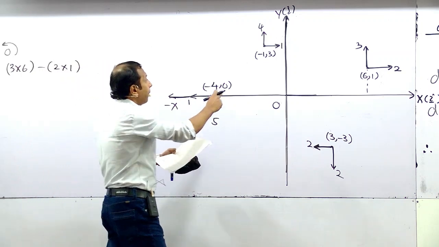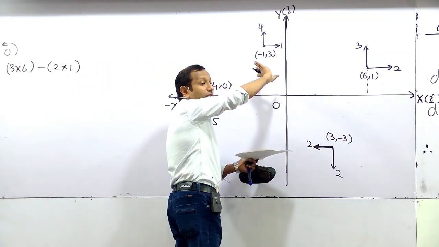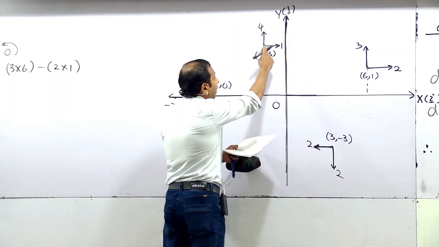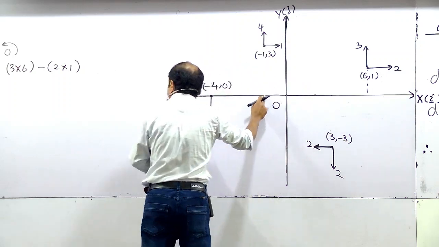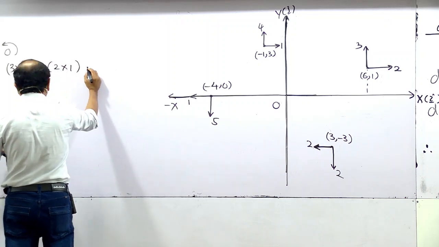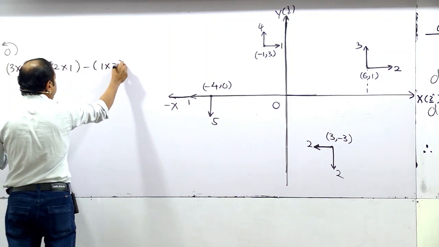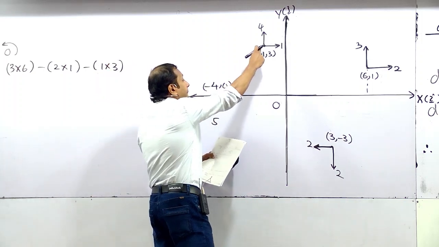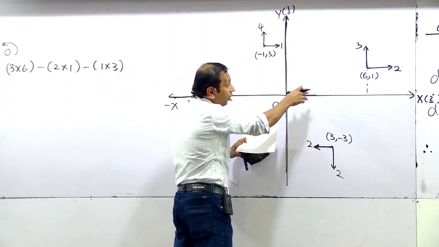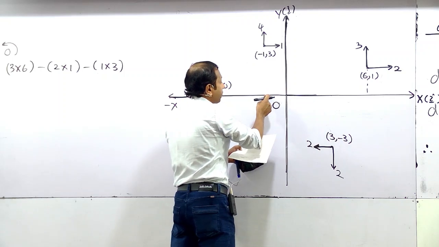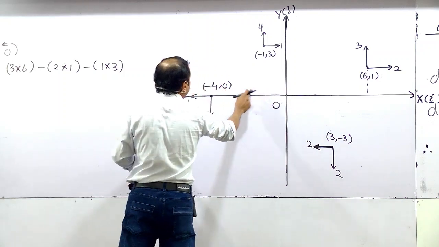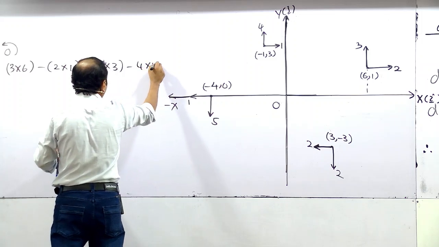And by this 1 around O, what is the moment? Clockwise. What is the height? 1 into 3. That also minus 1 into 3. By this 4 around O, again clockwise. What is the moment? For the distance 1, minus 4.